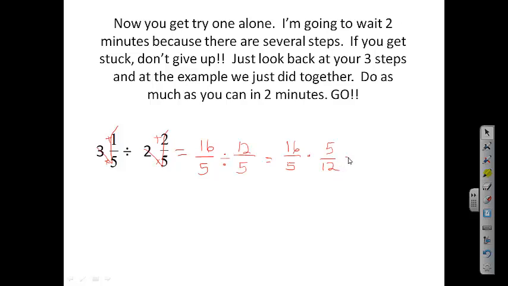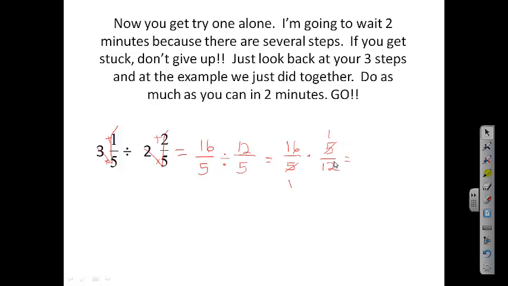How many of you got that far correctly? Okay, is there anything that goes into both 5 and 5? Well, sure there is, and it's 5. 5 goes into 5 once, and 5 goes into 5 once. What about 16 and 12? Did I hear somebody say 2?